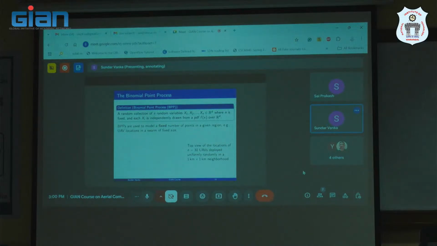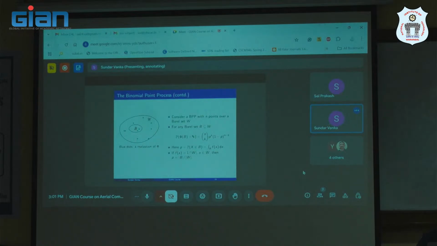Once you fix the number of points, each point is independently drawn according to a common PDF f(x). So I have n independent identically distributed random variables with the same PDF f, and n is fixed, of course. That constitutes a binomial point process.